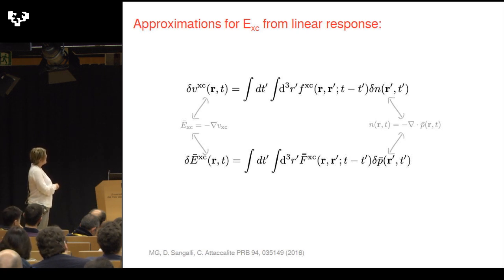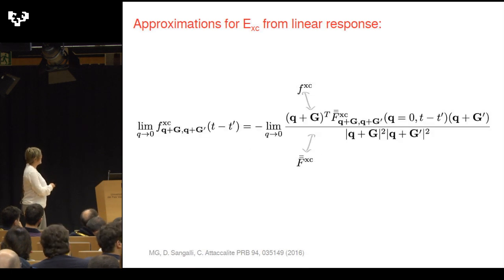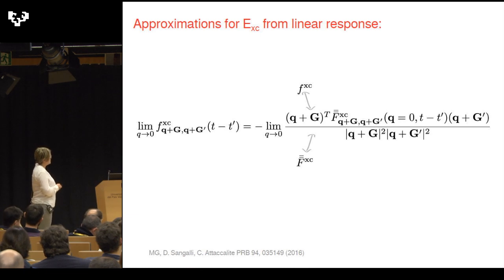So, of course, there are relations between the field and the potential and the polarization and the density. If we use this, we can build a relation between the two kernels in the optical limit.